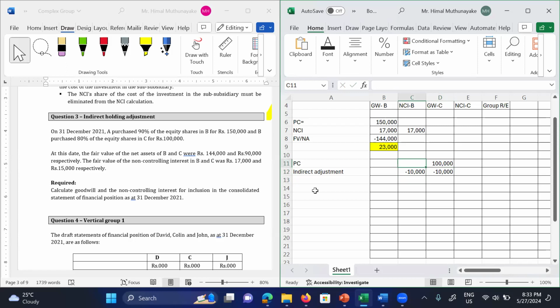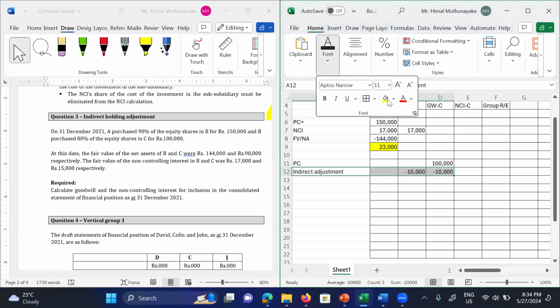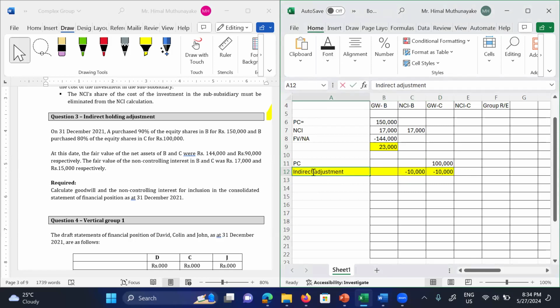Indirect adjustment. This is the most important adjustment when it comes to the vertical group. When it comes to a complex group under the vertical group, this is the most important adjustment: the indirect holding adjustment.